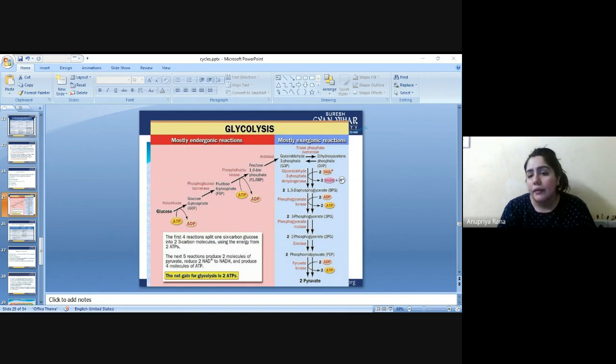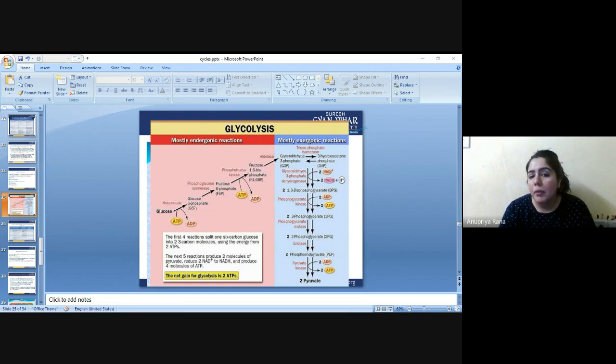In this reaction, to produce this BPG, we need to convert NAD to NADH. For that to happen, it has to lose one hydrogen atom, converting NAD to NADH.